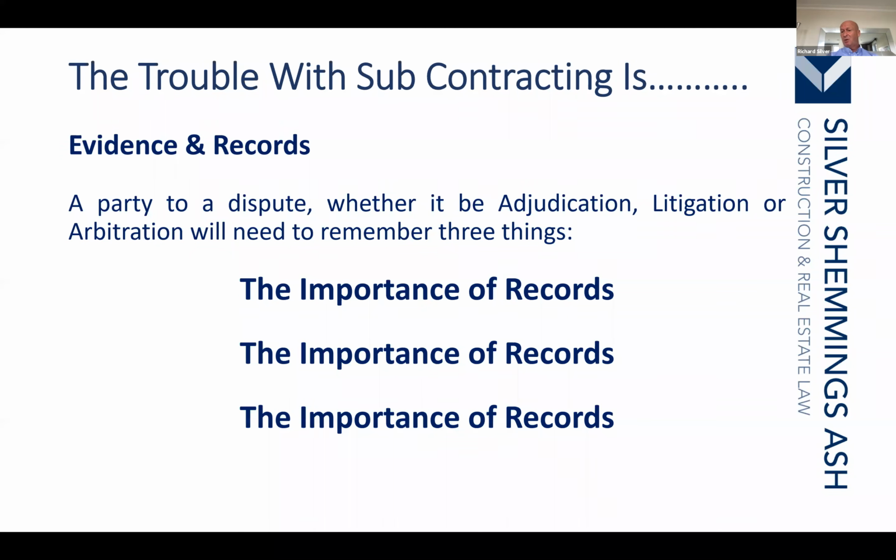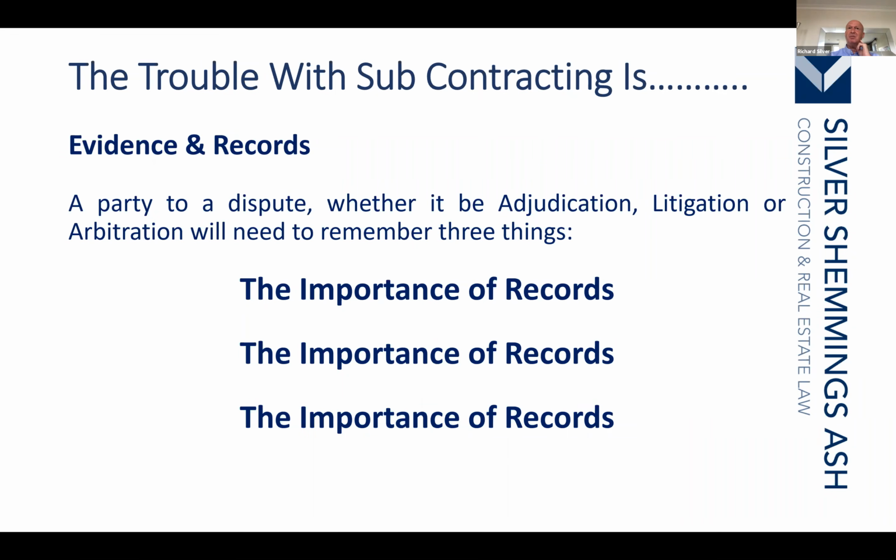Now, it's my experience quite often where the main contract ends up in dispute, so will the subcontractors. And it's a question when you're involved in adjudication, arbitration, or litigation, quite often the subcontractor doesn't get their rightful entitlement. And the reason for that is records. It's always the same.